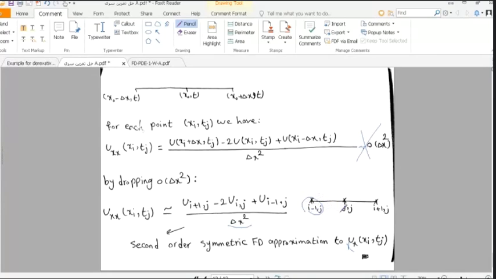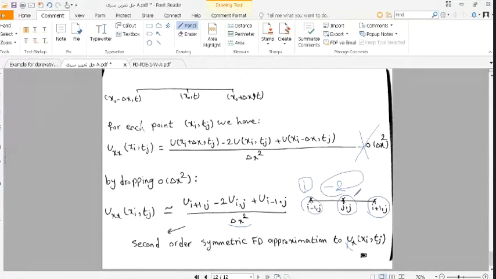It is a 3-point formula: i minus 1 and j, i and j, and i plus 1 and j. The coefficient for u at i minus 1 and j is 1. The coefficient of u at i and j is minus 2. And the coefficient of u at i plus 1 and j is 1.